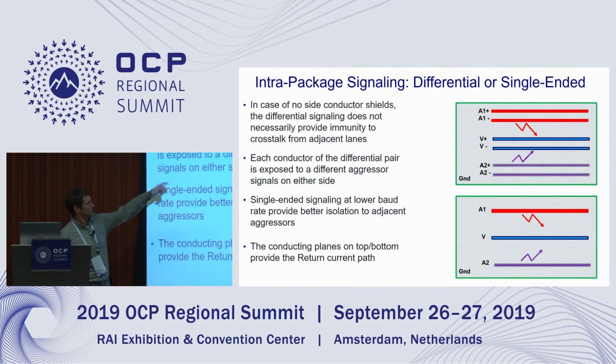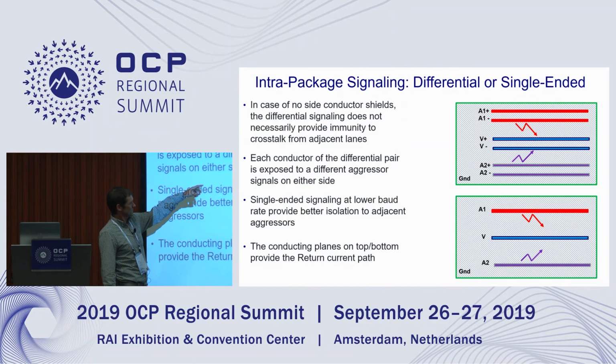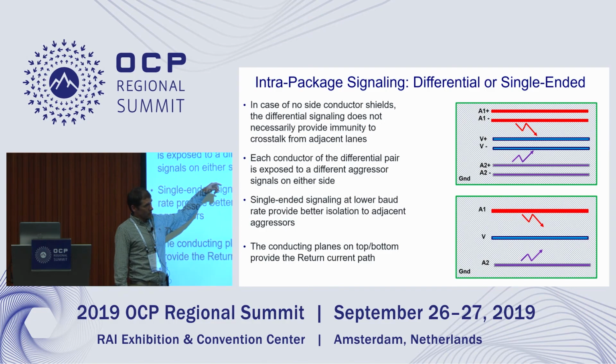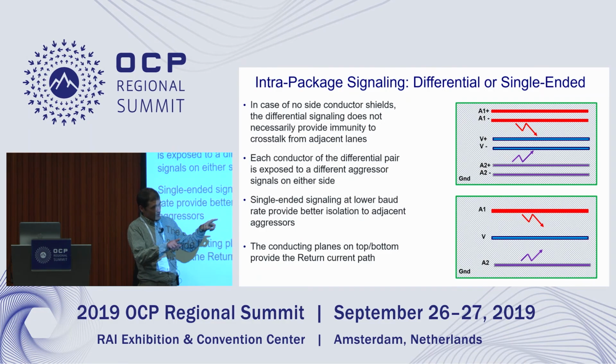Just sort of schematically, I talked to it a little bit on the previous one, but in package, without ground shields, with differential signaling, you still effectively end up with single-ended crosstalk, and you don't really see the benefit of the differential cancellation.